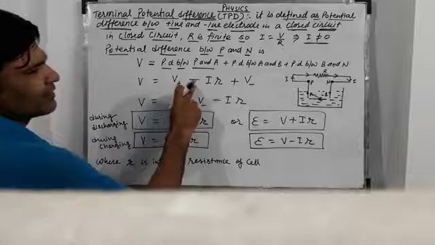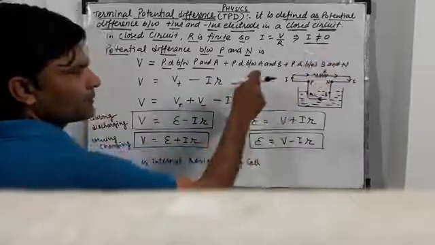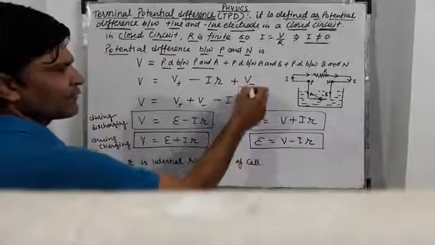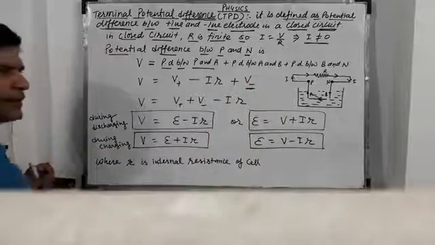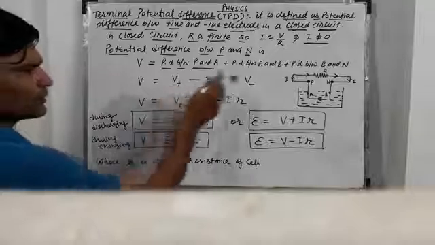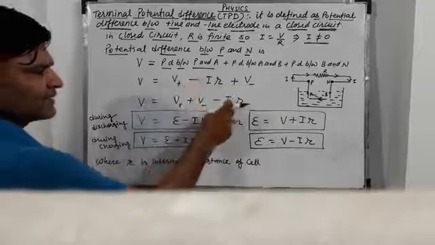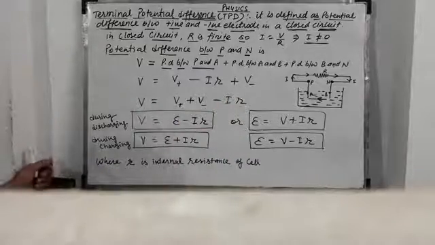So we take the negative sign, plus the potential difference between B and N, that is V minus. So V is equal to V plus V minus minus IR.